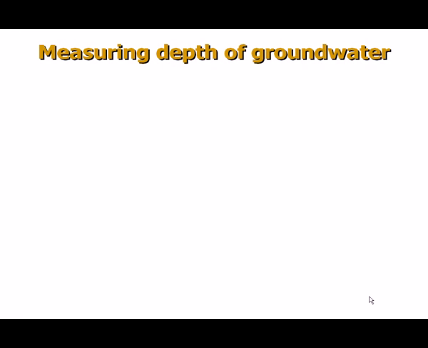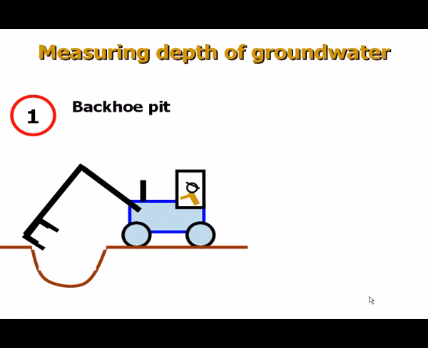I need to finish this talk at this point by talking about the measurement of the depth of groundwater. The easiest way to measure waterlogging is to measure the depth of the groundwater, but I find that many people tend to dig piezometers too deep.